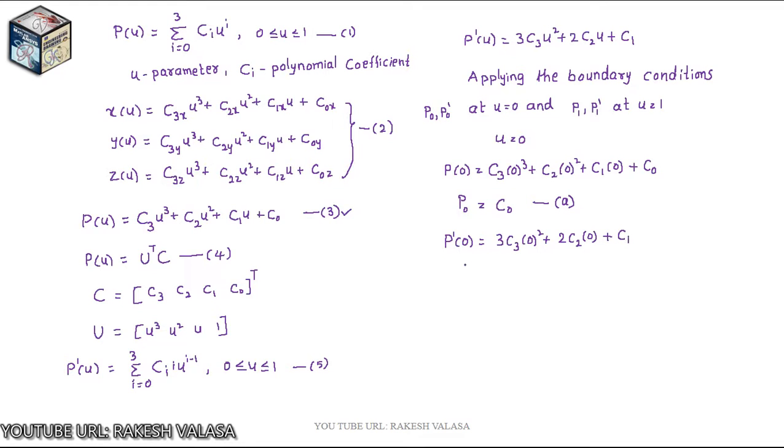The answer is p naught dash equal to c1. Let us assume this is equation B. Now you can take the second boundary condition, that is u equal to 1. Similarly, apply it in equation number 3 and equation number 5.